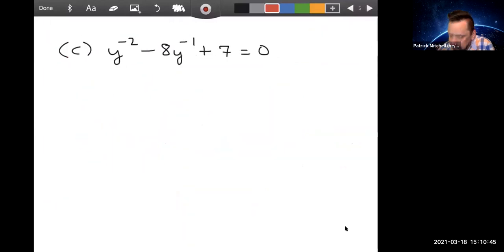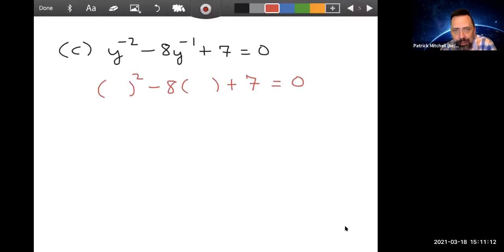All right, last example in this batch. y to the negative 2 minus 8y to the negative 1 plus 7 equals 0. All right, so first, write it in the form blank squared minus 8 blank plus 7. Okay, by the way, I hope you tried this problem first and are now coming back to compare notes.